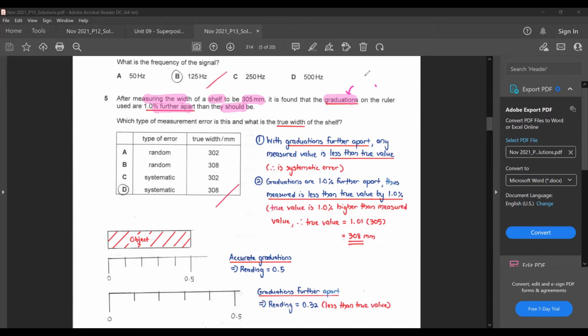That is your graduations, okay? Graduations here refer to the line divisions on your ruler. They found out that the line divisions on your ruler is actually 1% further apart than it should be. So what type of measurement error is this, and what is the true width of the shelf?